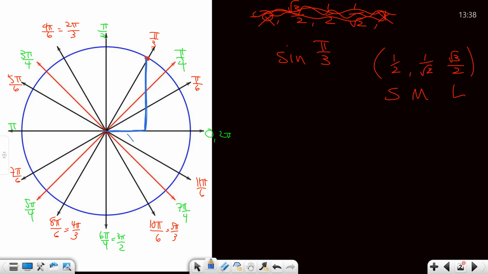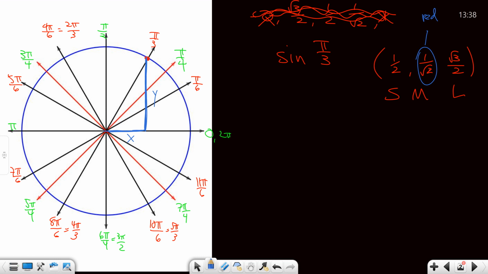I'm traveling along the x direction, and then along the y direction. Since I'm not on one of the red lines, I can forget about this guy. That only works for the red, the 45s, the pi over 4s.